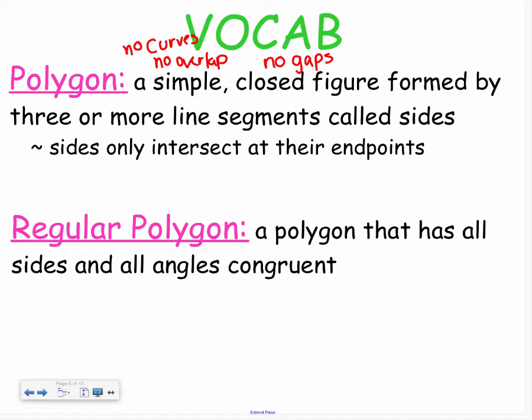So backing up to the quadrilaterals that we just talked about, the square is the regular quadrilateral because it has all 4 angles congruent and all 4 sides congruent. So the square is the regular version of a quadrilateral.